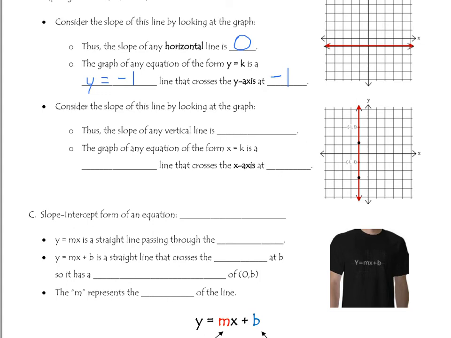The slope of a vertical line is undefined. Mathematically, I'm going to go ahead and write out the word.